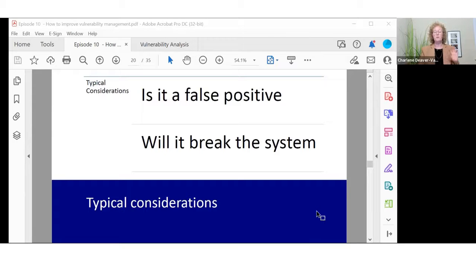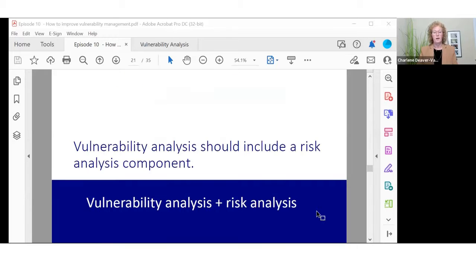Some of the typical considerations people look at now are: is it a false positive, yes or no? Will it break my system, yes or no? These are important questions, but the vulnerability analysis piece is a different level of importance. That analysis should have this risk component I'm talking about, and it should be something you're having a conversation with leadership about.